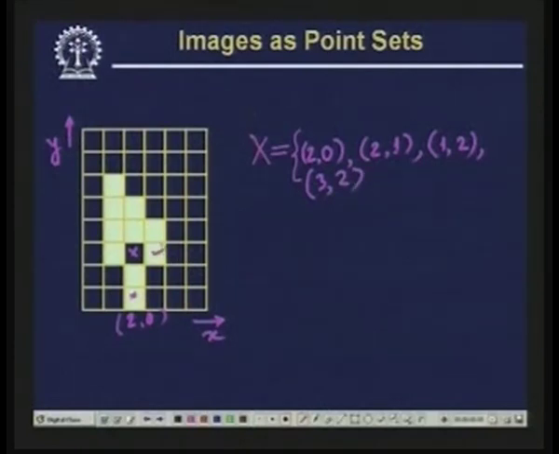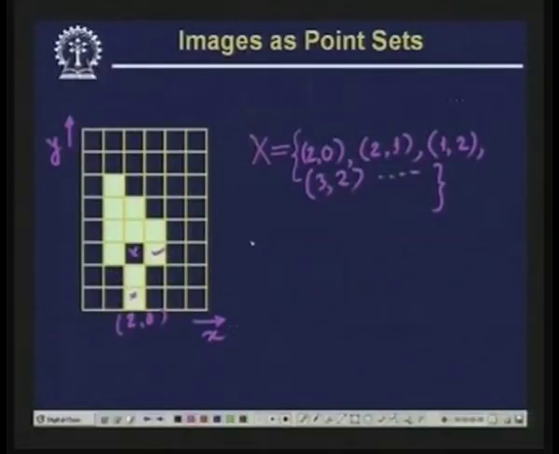Likewise, I can consider the other points which belong to the object region to be members of this particular set X. So, this object is now represented by a set of points, where a member of this set represents that the corresponding point is an object point.